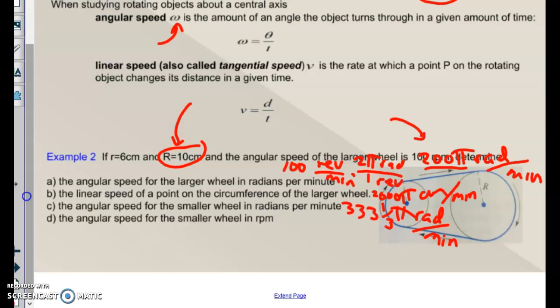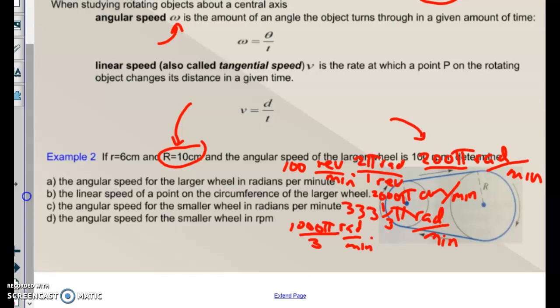And so then for the angular speed of that one, what we're doing is changing that back into revolutions per minute. So this is basically 1,000 pi over 3 radians per minute. And to get that, we have to get it back in revolutions.